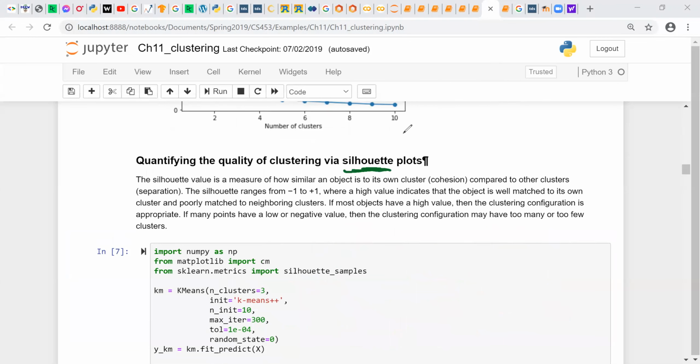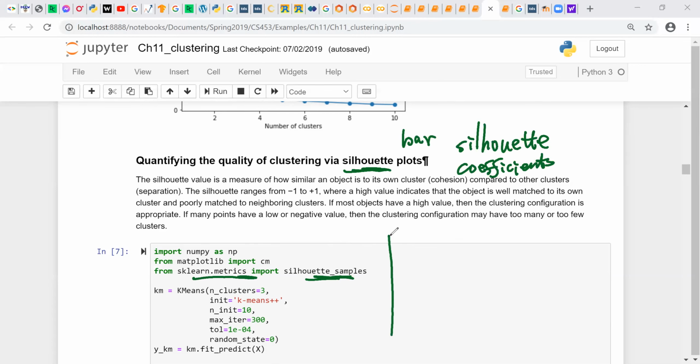The silhouette basically is bar plotting, but it needs the silhouette coefficient. And as he learns, in the metrics module they have the silhouette, so we can find the silhouette values. And for silhouette, it gives you the relationship. It's kind of like the bar plotting.